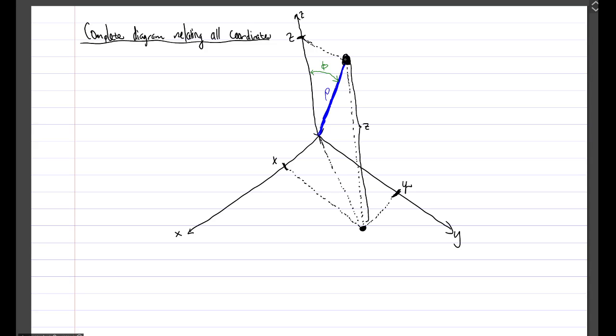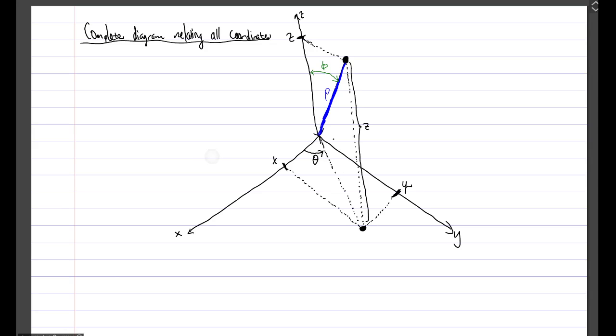So we've got the point we want, and directly below there's this point in the xy plane. So the angle right there from the positive x-axis up to where this line is, that's theta.